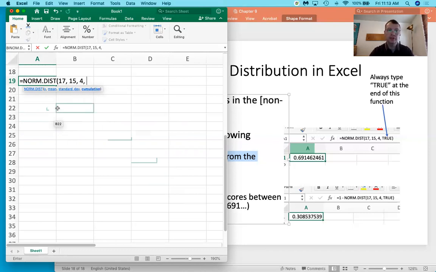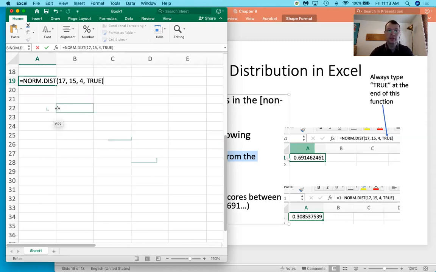The last thing it asks you for is cumulative. We're only going to use the cumulative type of this function, but you have to type the following thing. You have to type true, okay? So it gives you the cumulative distribution function, which is a clever way of saying it gives you percentile information, right?